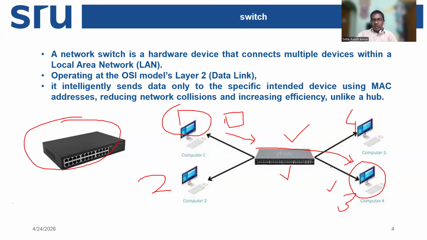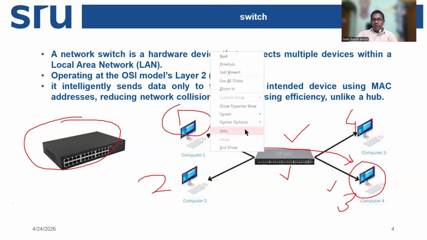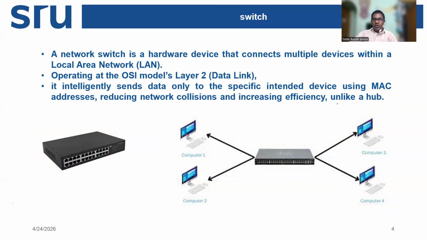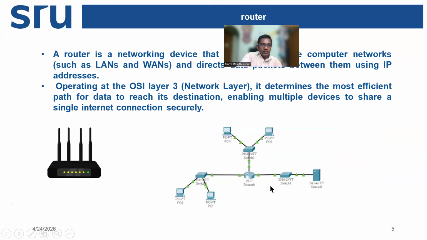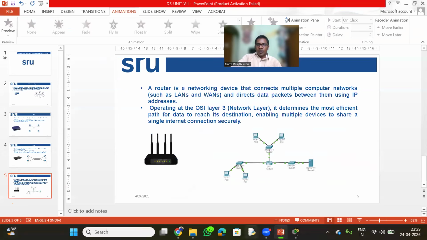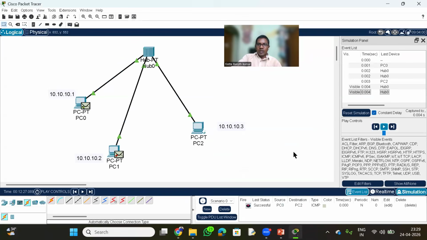Now let us see the simulation of the switch, how it is going to be simulated. The simulation process is almost the same as for the hub. Hub and switch are the same, only the device will be changed. I will show you that. Now again let us go to Packet Tracer.